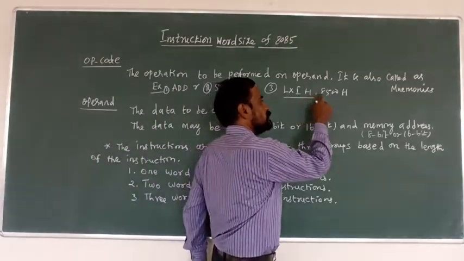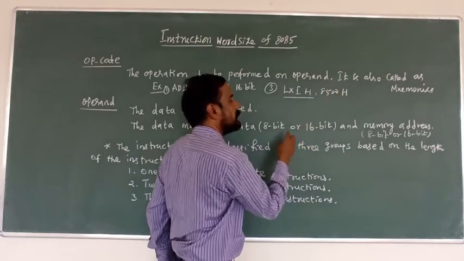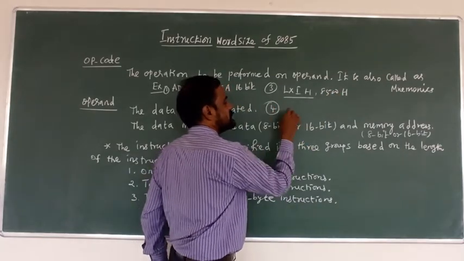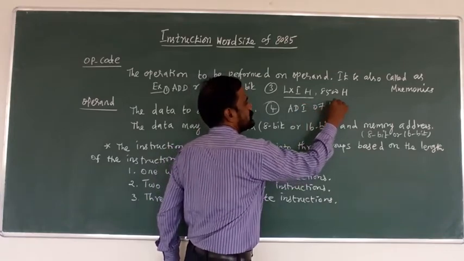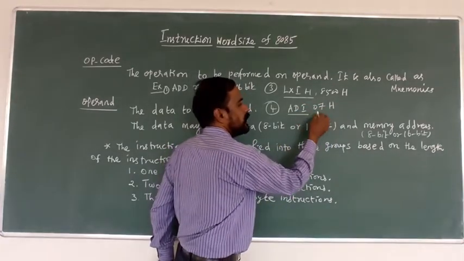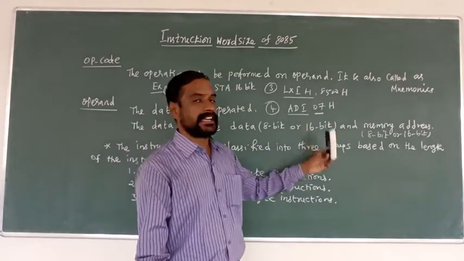Here in the 16-bit address example, this is for operand and this is for opcode. LXI H, 8500, this is for opcode and this is for operand. Fourth example, ADI 07H, this is for opcode and 07 for operand. This is for 8-bit data.